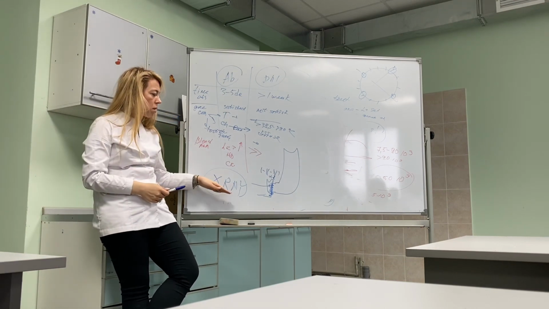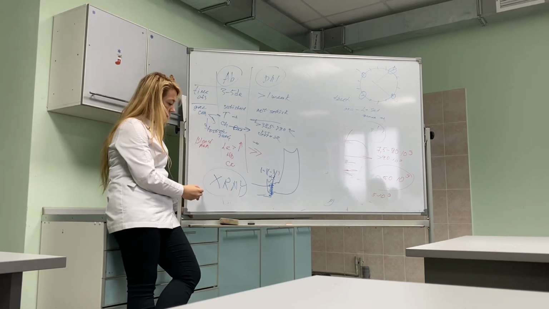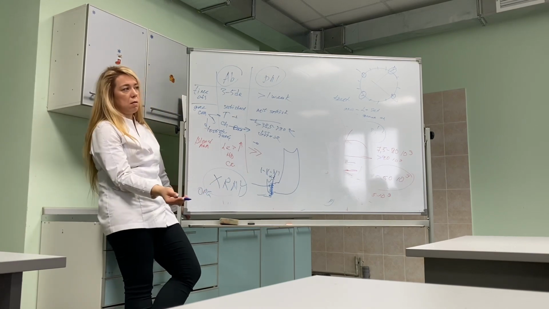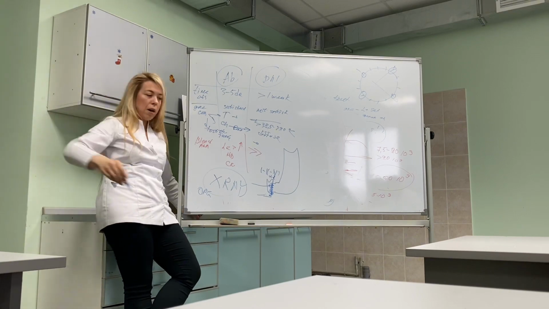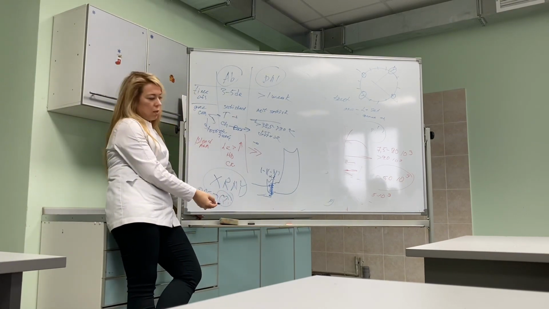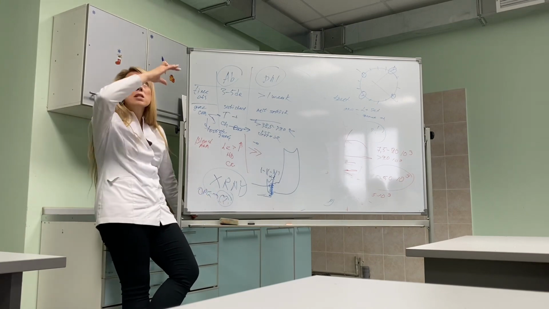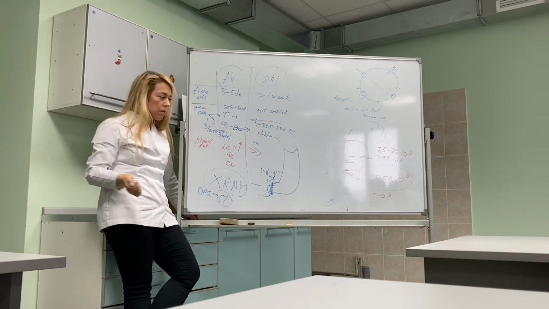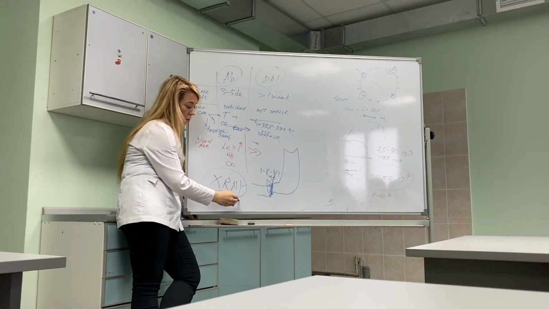Which type of X-ray do we need to use? External X-ray, OPG. First we check, and then usually we prefer the second one, because we can see all the hard structures. Or MRI, whatever you want.